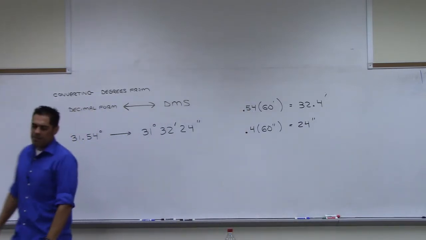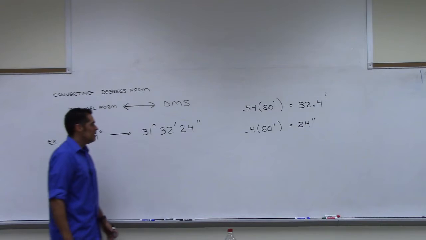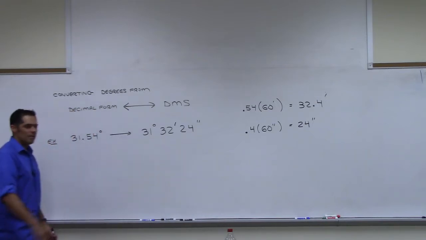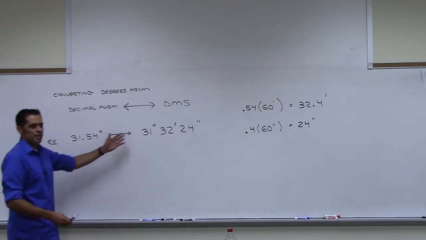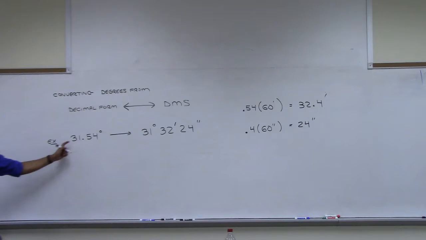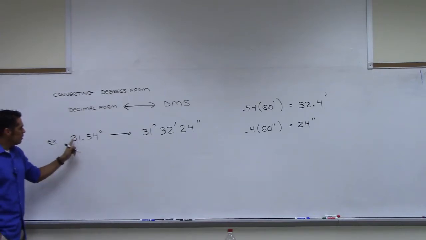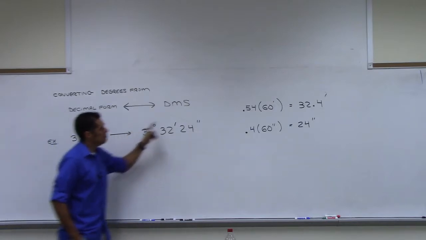Now, degrees, minutes, seconds is used here and there. You normally don't see degrees, minutes, seconds. But you'll be in some calculus class and they'll give you an angle in degrees, minutes, seconds, and you'll have to convert it or something. So this is just so we know how to do it. Everyone understand? Take your decimal, the whole number out front, that's your degrees. Take the decimal, multiply times 60.